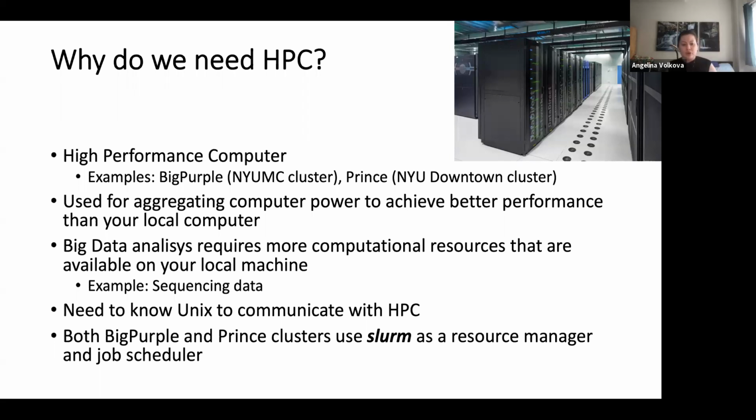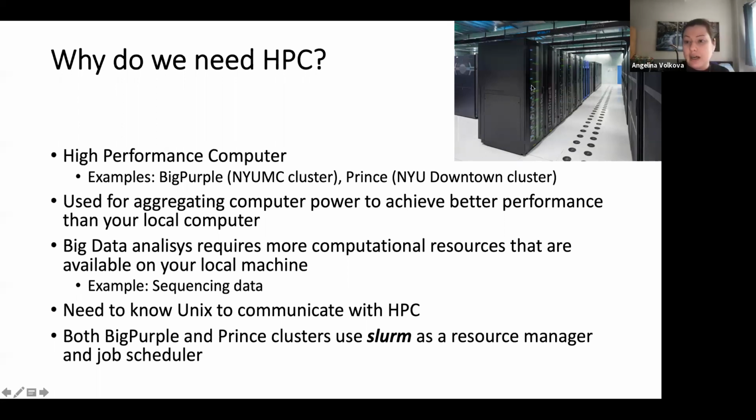So you need to know Unix to be able to communicate with a high performance computing cluster. So Unix is sort of a language to communicate with HPC. And then the other thing is that both Big Purple and Prince clusters use Slurm as a resource manager and job scheduler. So again, if you're using Prince, everything I'm going to show on Big Purple is going to be relevant to Prince as well.